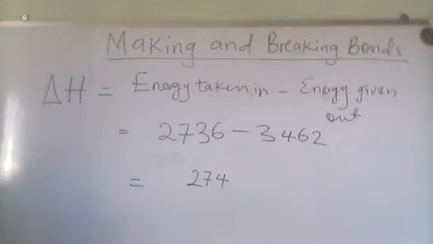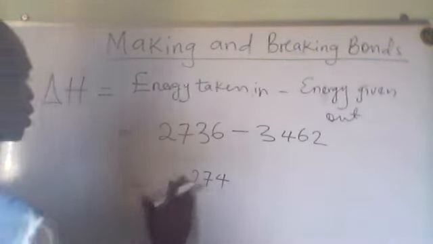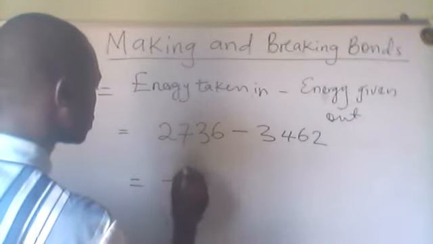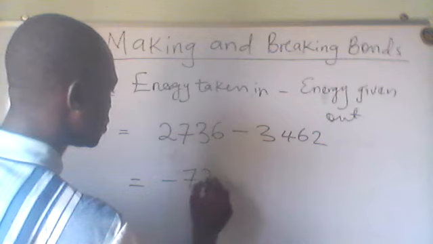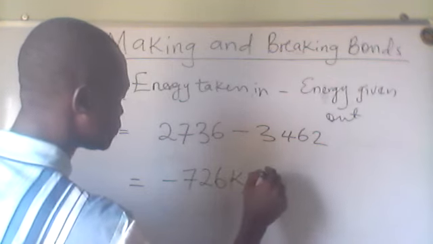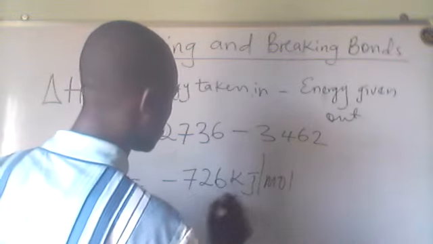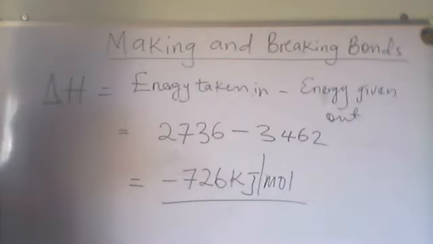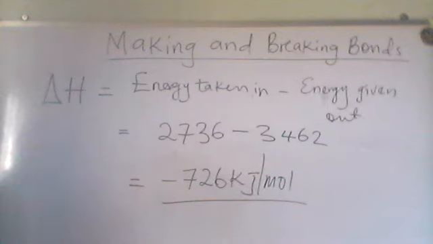So we have minus 726 kilojoule per mole. It's a very long way. You will need to pause the video at different stages to get the value. So this is how we calculate change in heat of a given reaction. Anything you don't understand, you just post it and I'm going to respond to them.